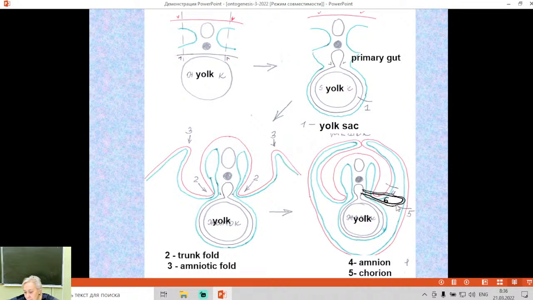So allantois is a bridge between embryo and chorion. This allows the chorion to perform the function of gas exchange and nutrition of the embryo.